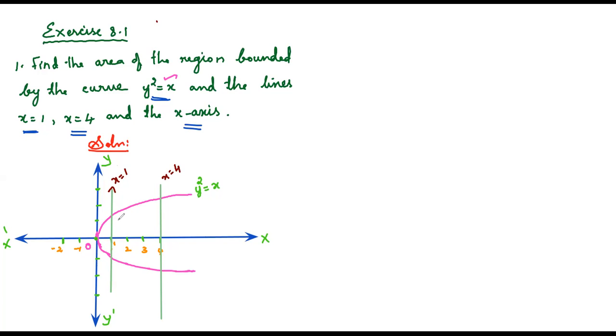So the required area is this shaded region. And you check out the limit varies from 1 to 4. So x is equal to 1 to x is equal to 4 is the limit. So you have to find y. You have the equation y square is equal to x. So what is y from that? y is equal to square root of x.